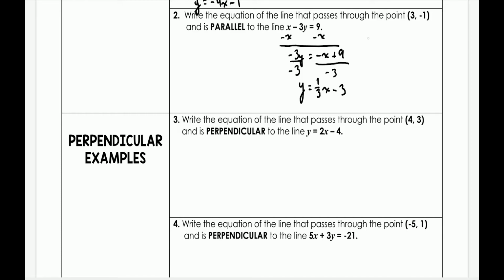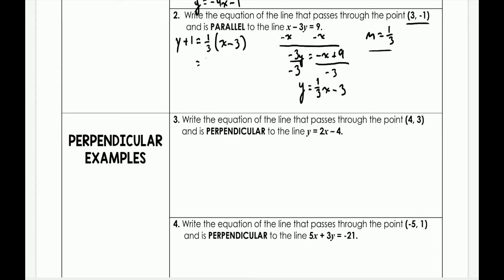What is the slope? The slope in this case would be 1/3. We're finding a parallel line, so we know the slope is going to be the same. Now we have the slope and we have a point, so let's use point-slope form. We have y minus -1, or plus 1, is equal to the slope, 1/3, multiplied by x minus 3.